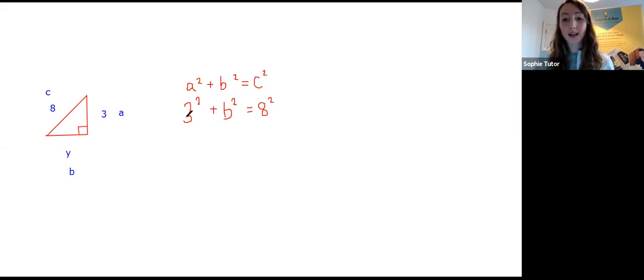So we're going to have to take away and move our 3 from this side to the other side. So we're going to have B squared equals 8 squared minus 3 squared.